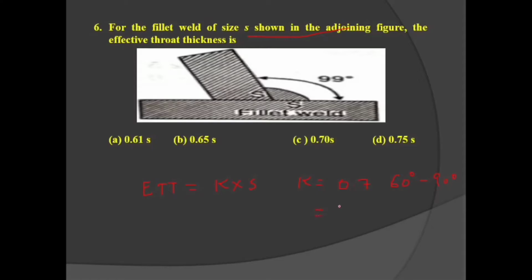This value is equal to 0.65 when the angle lies between 90 degrees to 100 degrees. So here 0.65S is the correct option.